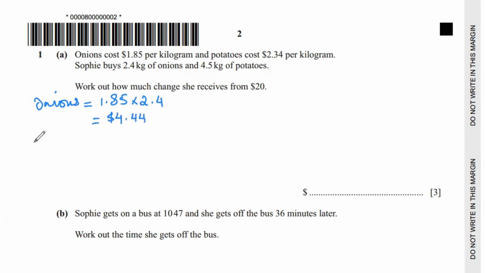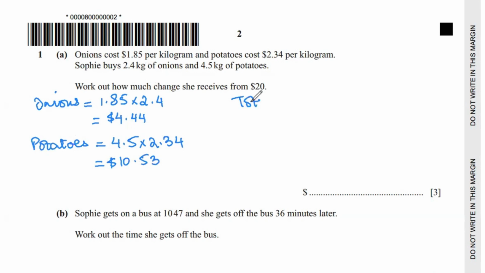$4.44. And then for potatoes, we're going to do the same, multiply 4.5 with 2.34 to get the cost of 4.5 kgs of potatoes, and that is $10.53.